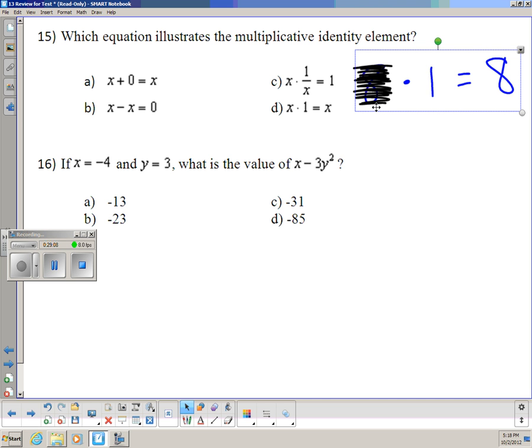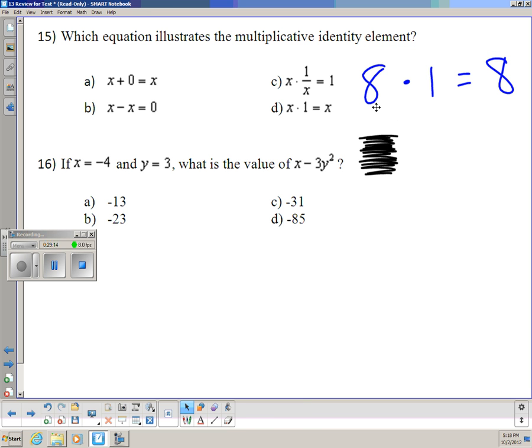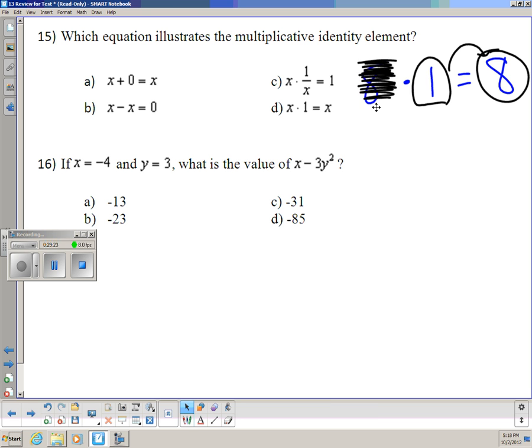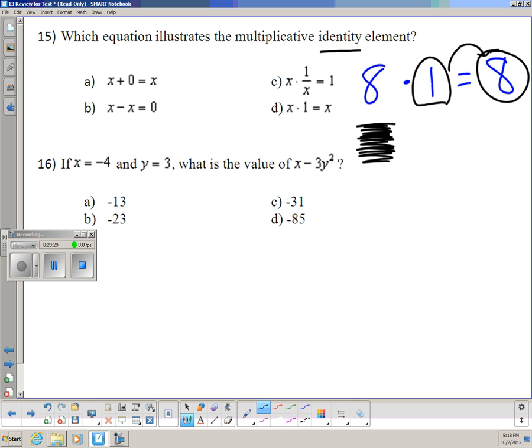Well, if I'm multiplying by 1 and I get 8, the mystery number had to be 8. 8 times 1 is the only thing that gives you 8. So by multiplying by 1, it would very easily reveal the identity of what was the blob or the mystery number. So when I multiply by 1, I'm revealing the identity of what was originally the number.